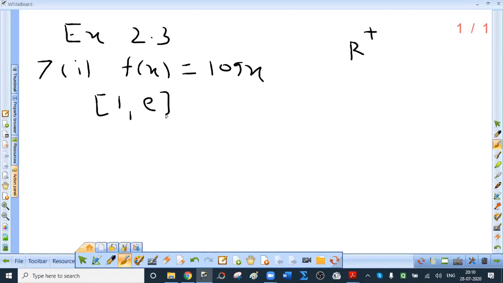Thus the function f satisfies the conditions of Lagrange's mean value theorem.